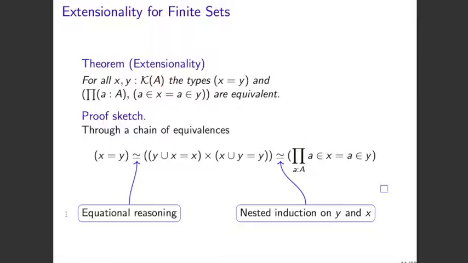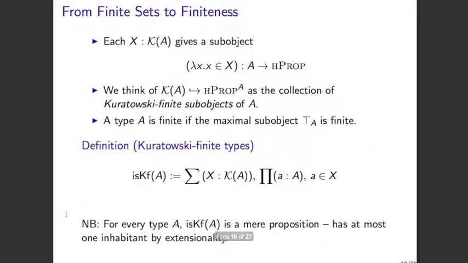A similar method can be used to show that the equality on K of A is decidable whenever A itself has decidable equality. Now we can take a look at an application of this data type, namely defining the actual notion of finiteness.